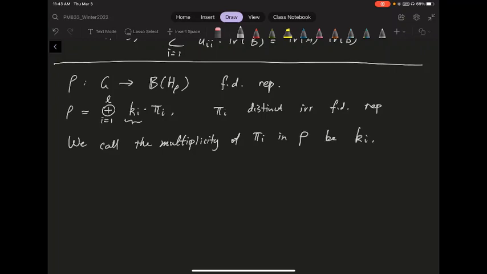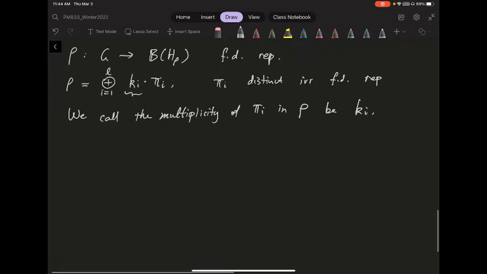Okay, so the multiplicity essentially just means inside this rho I have k_i direct summands, or k_i copies, of these pi_i. So as an example, we saw that, for example, the left regular representation, when you restrict it to E_pi, that's basically equal to d_pi times the pi bar. So it contains d_pi copies of pi bar. So another way of saying that is the multiplicity is d_pi.